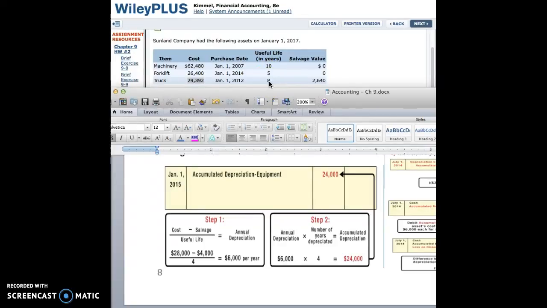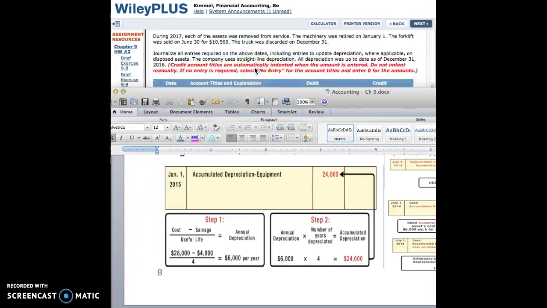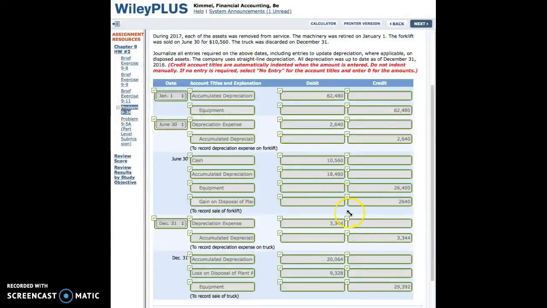When we do that, our yearly depreciation per year ends up being 3,344. Now this was up to date December 31st, 2016.